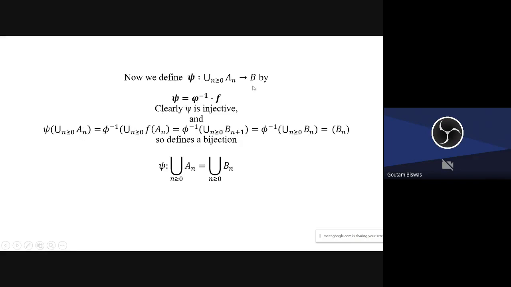Psi of f, that is phi inverse of f of An, because I have not written one step. It should be phi inverse of f, then it should be like this.